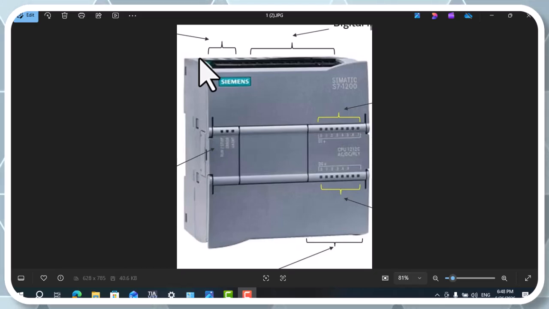Especially as we work in this course with the Simatic S7-1200. This part of our PLC is for the power supply. Here we have the 8 digital inputs, and also here we have the digital input indicators, and they belong to our digital input, and this part belongs to our digital output.